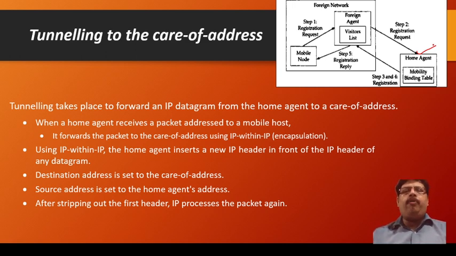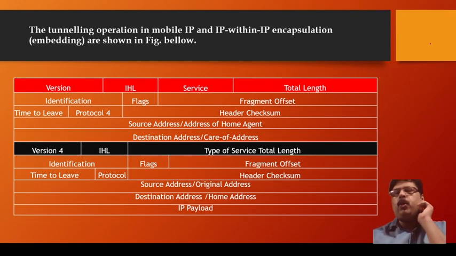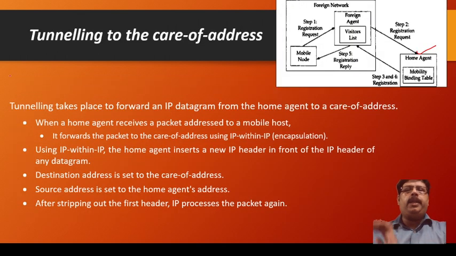As the care of address is stored in the home agent, for the packet sent by the corresponding node, it will add the care of address, so you can call it IP within IP. We will see how it is done in the next slide. This is one packet information we are having, IP within IP.